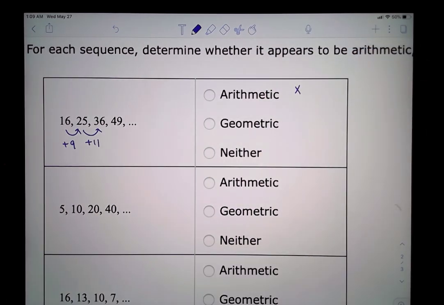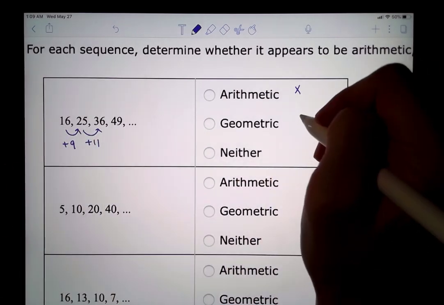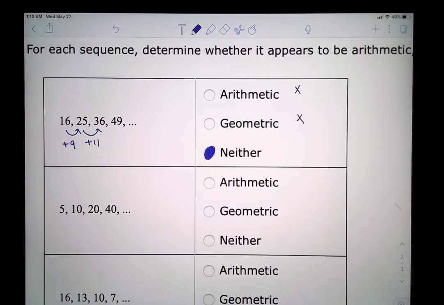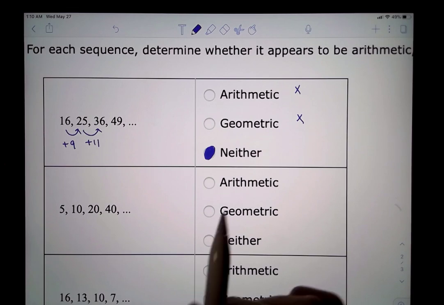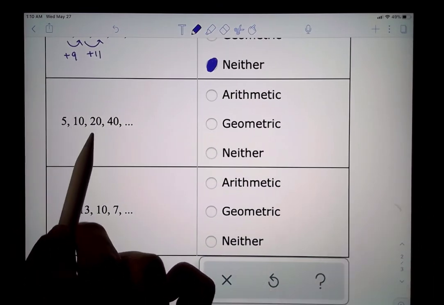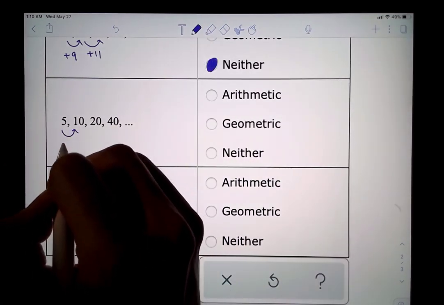And what about geometric? Can you get 25 from 16? No. So this is not. So that's neither. So you check this. And what about this? 5, 10, 20, 40. It looks like you're multiplying it by 2.